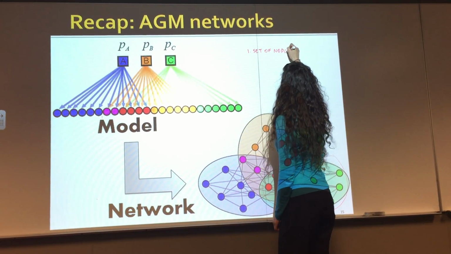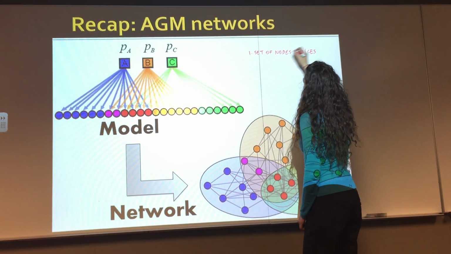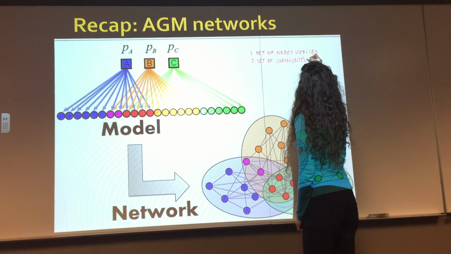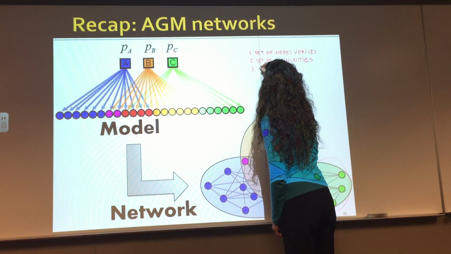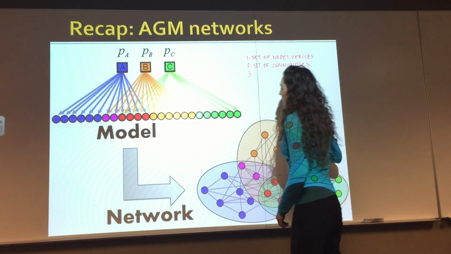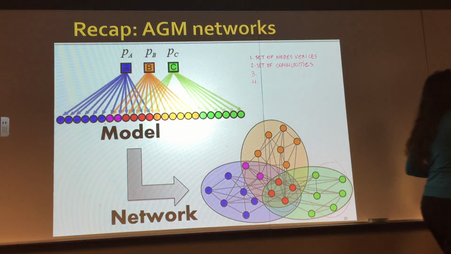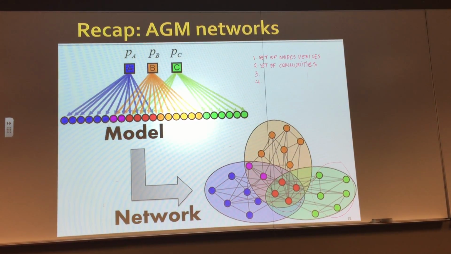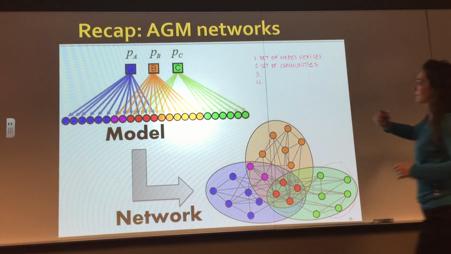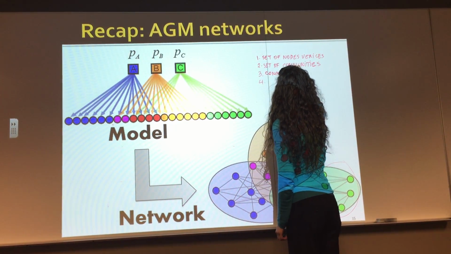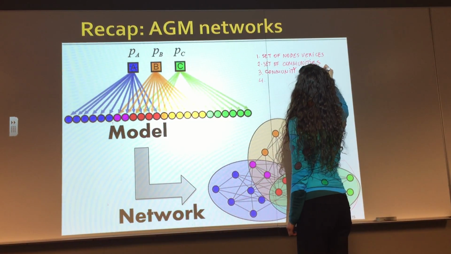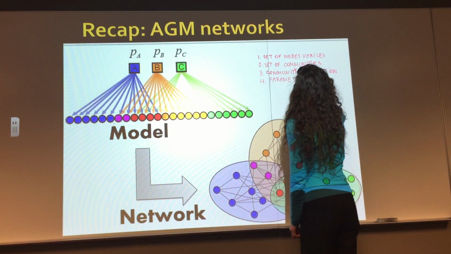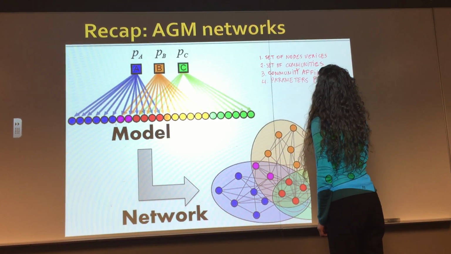A set of nodes or vertices, a set of communities, the community affiliation, which community they belong to, and parameters, probabilities, for each community.